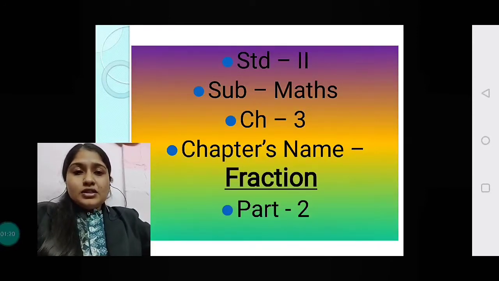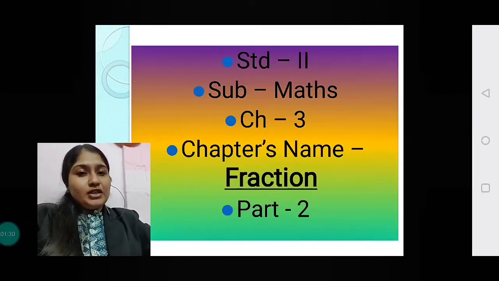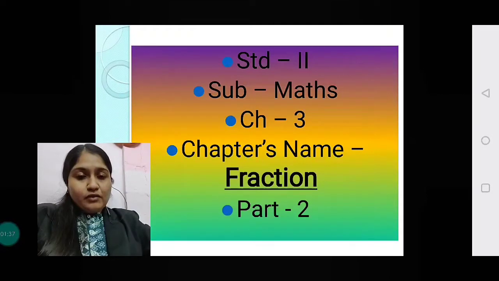My dear students, in the previous class I already told you that our fraction chapter is divided into 2 parts. The first part we have done, in which we wrote the fraction. So now in part 2, what do we have to do? Yes, the fraction is given to you and we have to shade the fraction. हमें क्या करना है?